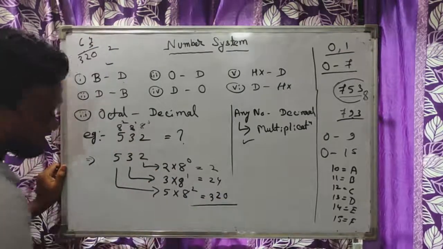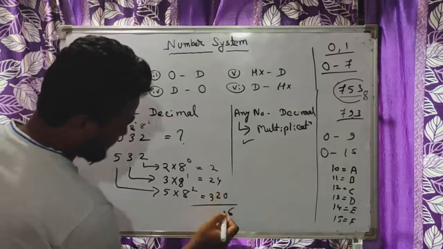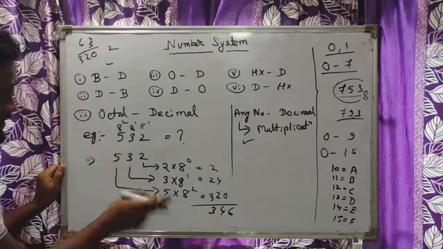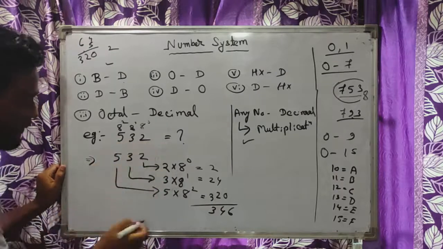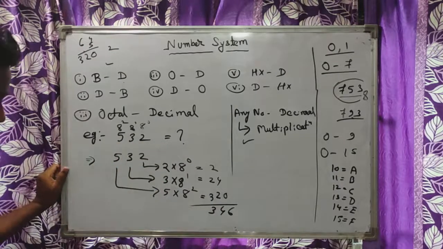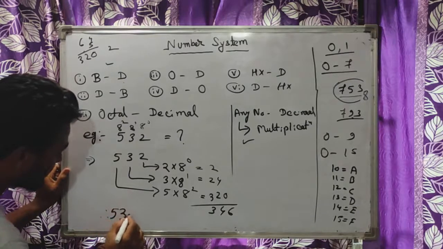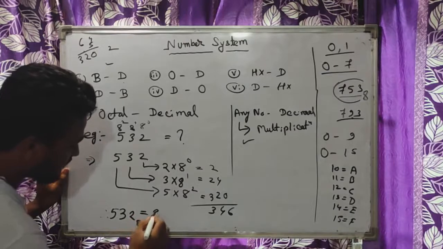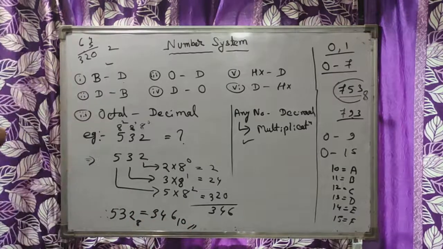If you add all of these, you get 346. That means the decimal number for this octal number 532 is equal to 346. This is the decimal number we have got.